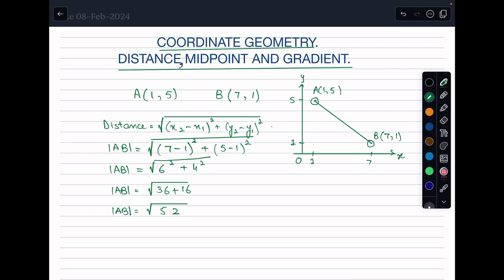Here I have used the general formula to calculate the distance between the two given points.